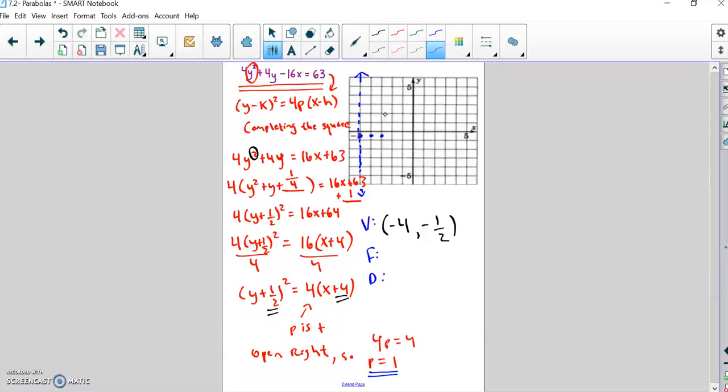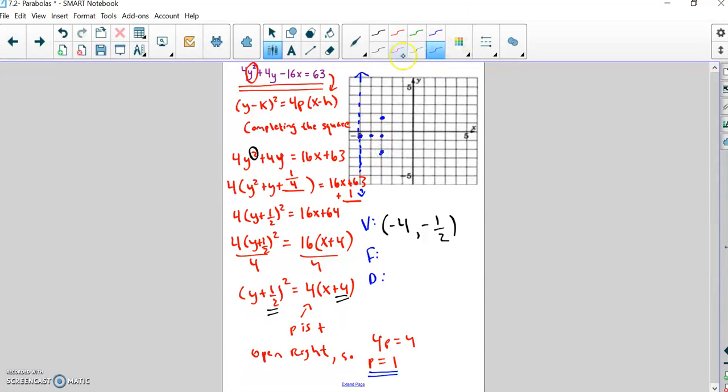Now, whenever you graph these, there are only 2 other points that I want you to put on the curve, and here's how we're going to find them. In this case, the distance from the directrix to the focus is a distance of 1 plus 1, so it's a total distance of 2. So here's what we're going to do. Starting at the focus, we're going to go 2 units up, and then back to the focus, we're going to go 2 units down.